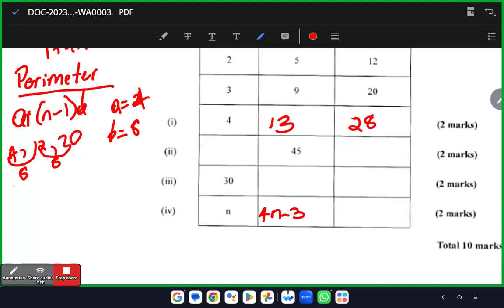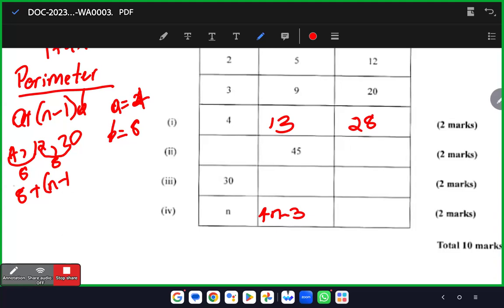Now we can come up with a generalization for the formula that can solve for the perimeter at any position of the figure.